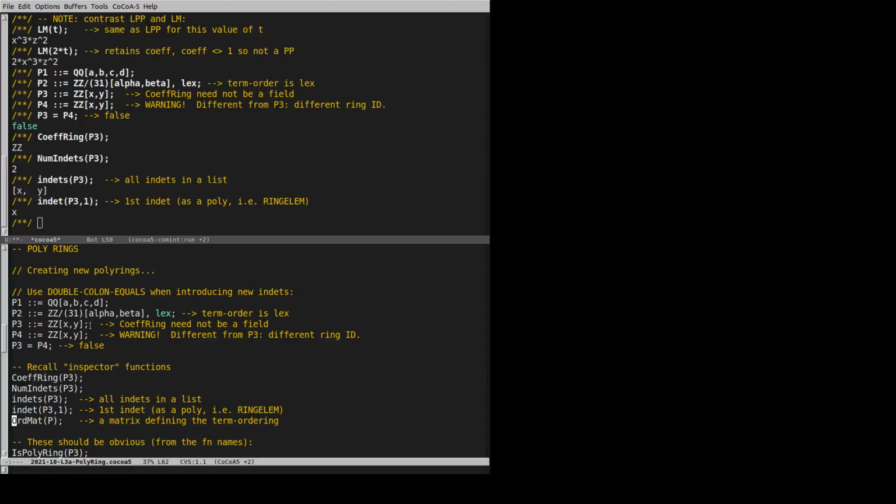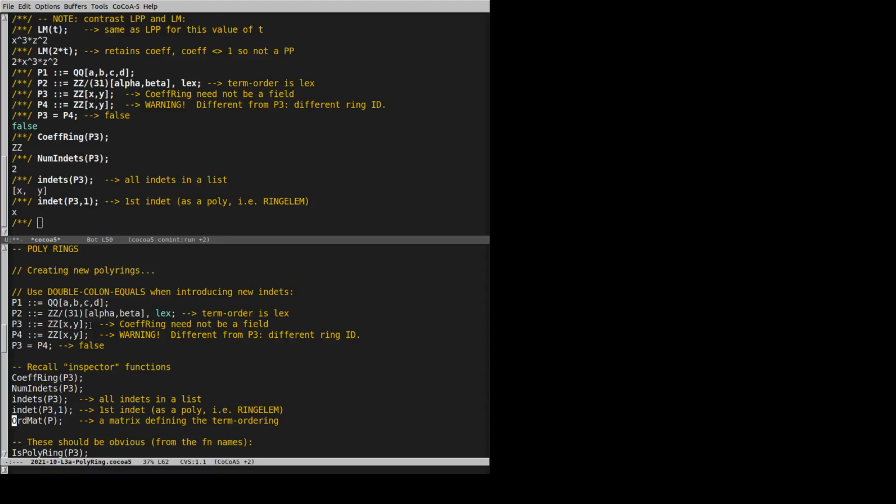Here's a new one we haven't seen before, and it's OrdMat. It turns out all term orderings in CoCoA can be represented as square matrices with integer entries. And this gives a matrix that defines the term ordering in the polynomial ring.